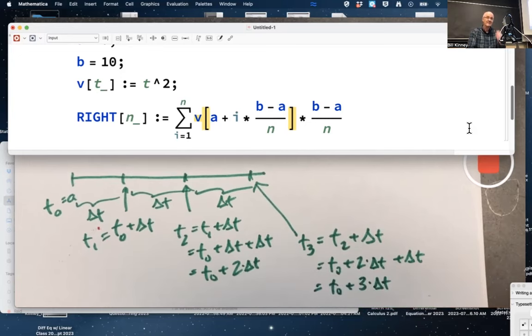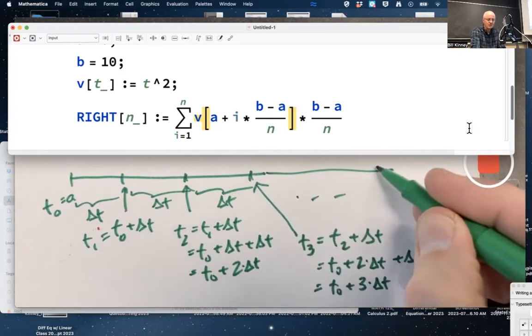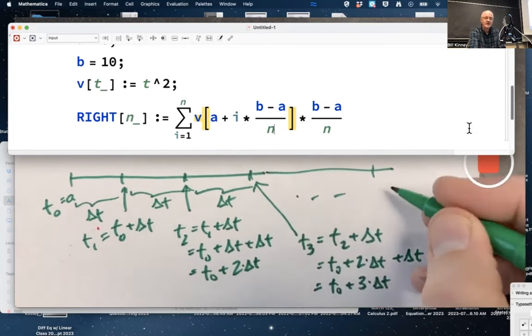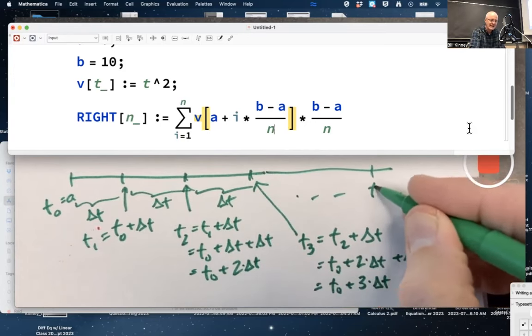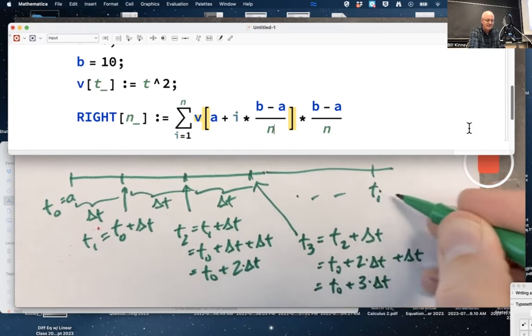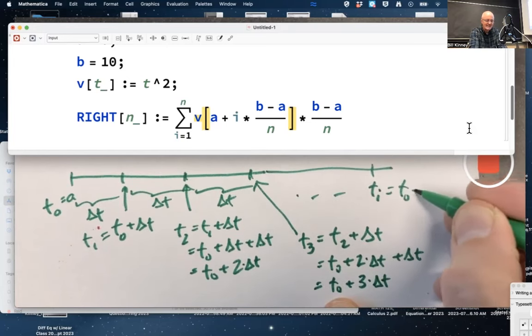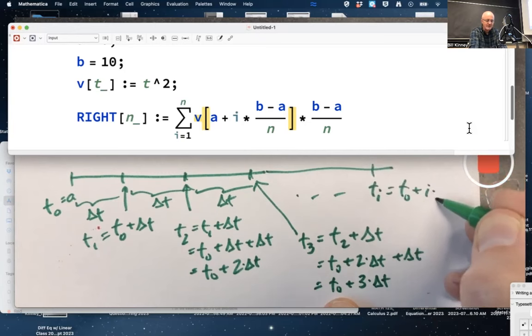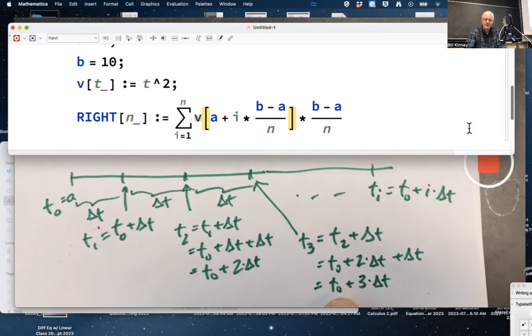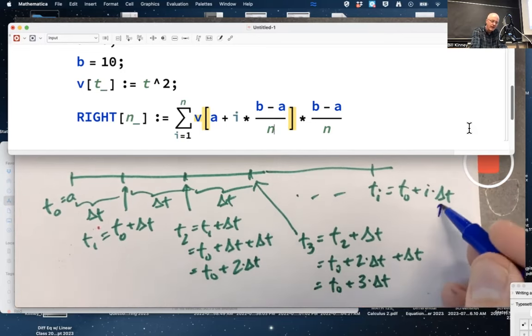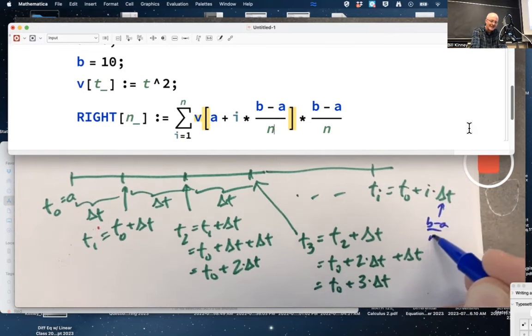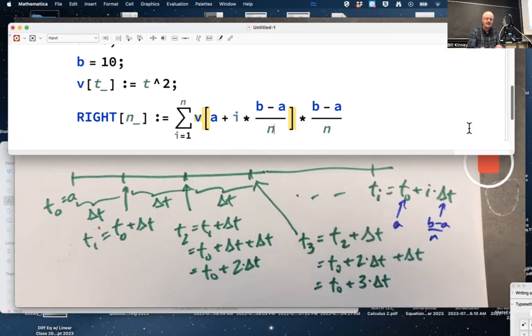You see the pattern? The general partition point, t sub i, if I follow this pattern, has got to be t sub 0 plus i times delta t. And delta t is b minus a over n, and t sub 0 is a. So a plus i times b minus a over n.